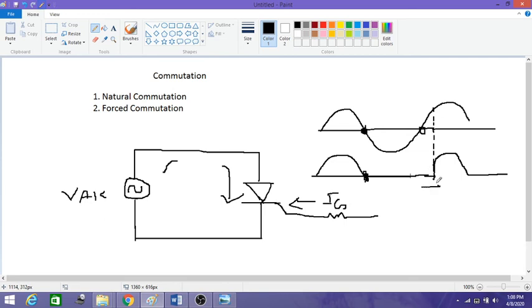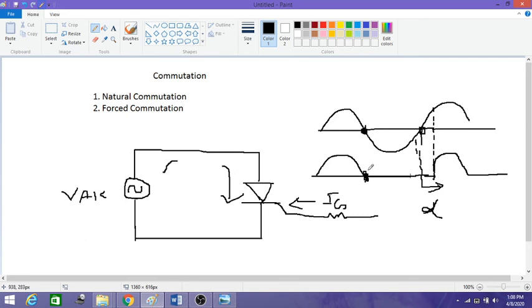I call this difference alpha. Alpha is a parameter with which I can control the on period of an SCR, meaning how much portion of the waveform I can control. We call it the triggering point, that is alpha. So this is one more advantage of an SCR: I can control the amount of current that can flow with this triggering point alpha.